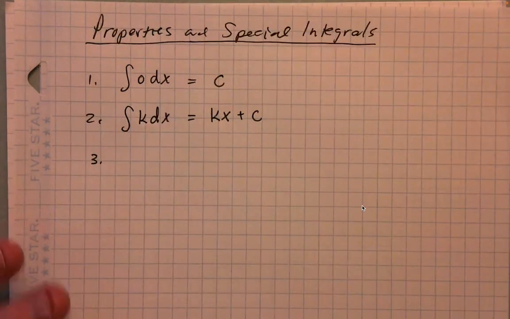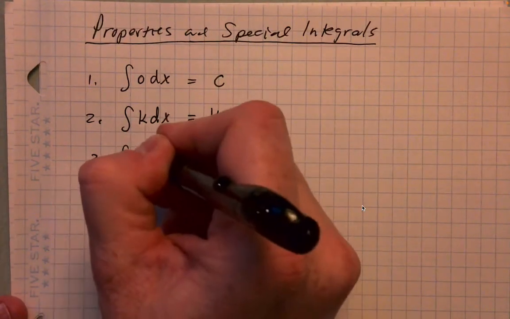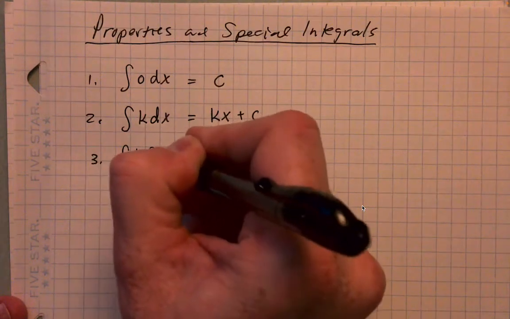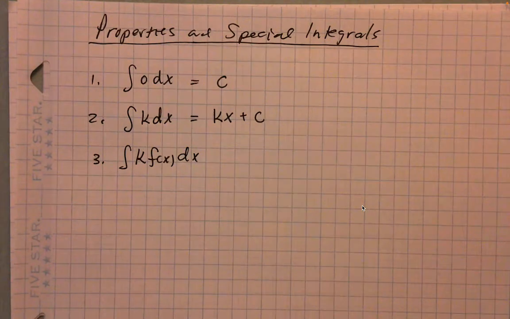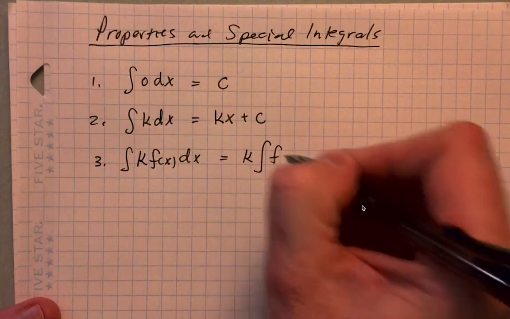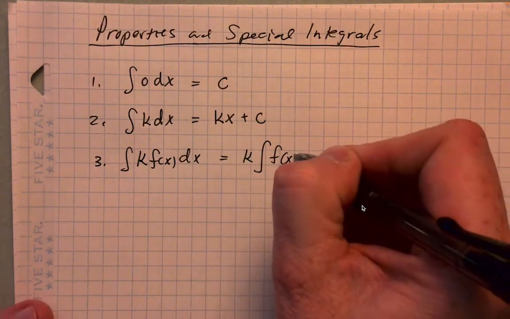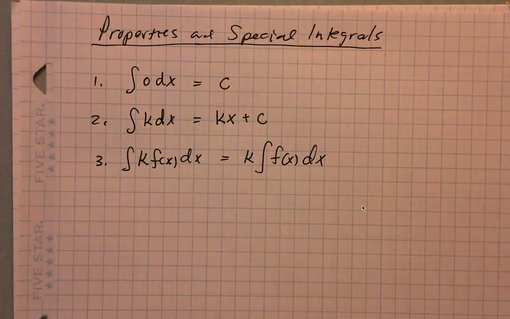Another one, this is a little more like a property. That's the integral of k times f of x. Okay, so if f of x is some integrable function, and k is just some real constant, then it's permissible for me to pull the constant outside of the integral and multiply it after the fact.